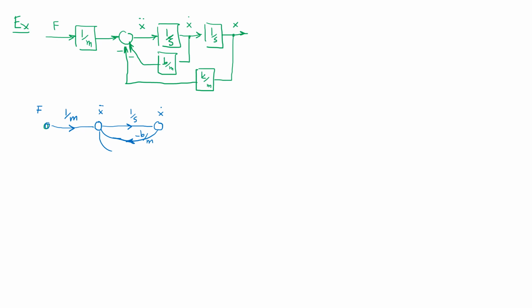Now, once you have the x dot available, then you can have another branch taken from here all the way to x over here, which is being treated as the output node because this displacement is the required output in the system. So you have 1 over s as the gain, and from x you have this signal available to construct x double dot, and this has got minus k over m as the gain of it. So this is k over m, but with a minus sign, so for that reason minus k over m. Now this is it. This is your signal flow graph.